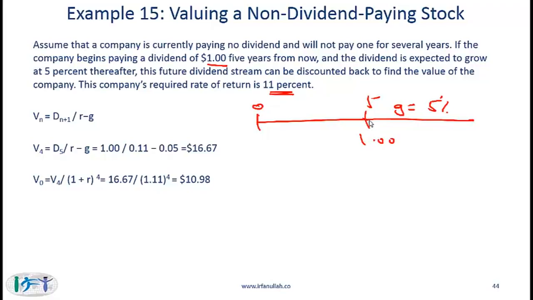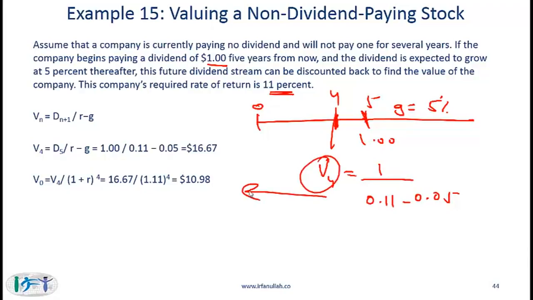The dividend at the end of year 5 is 1, and this is growing at 5%. So what you do is use the Gordon growth model to come up with the value at the end of year 4, which is 1 divided by R minus G, 0.11 minus 0.05. You come up with V4, and then that V4 needs to be discounted back 4 periods to time 0, and the answer you should get is 10.98.